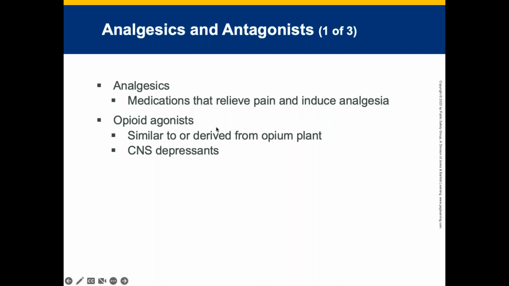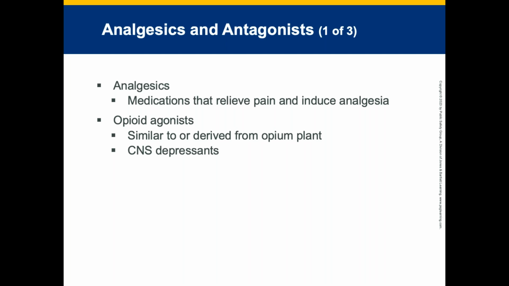Analgesics are medications that relieve pain, to include analgesia, and what we have are what they call opiate agonists. The most common class of medication used for analgesia is opiates. Similar or derived from the opium plant, they bind to opiate receptors, which prevent neurons from sending pain signals.